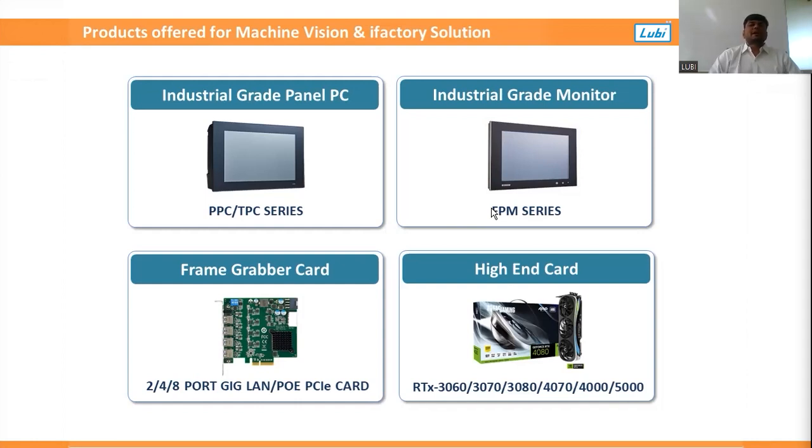Apart from that, for high-end applications like GPU, AI-based, deep learning and vision-based applications, they need high-end graphic cards. So we have the RTX series 3060, 3080, 4070, 4080, 4000, 5000, with 8 GB, 12 GB, 16 GB, 24 GB graphic cards. That will be useful for AI-based and deep learning vision-based applications.